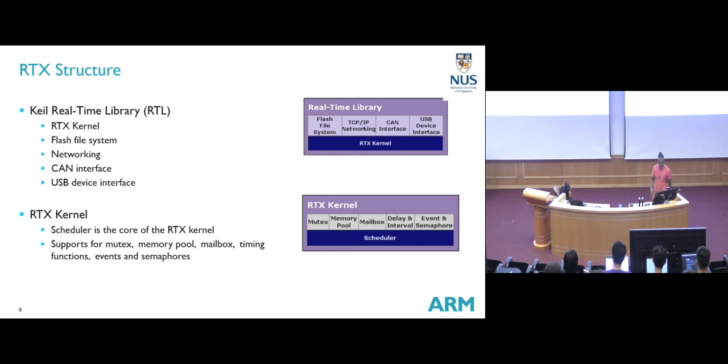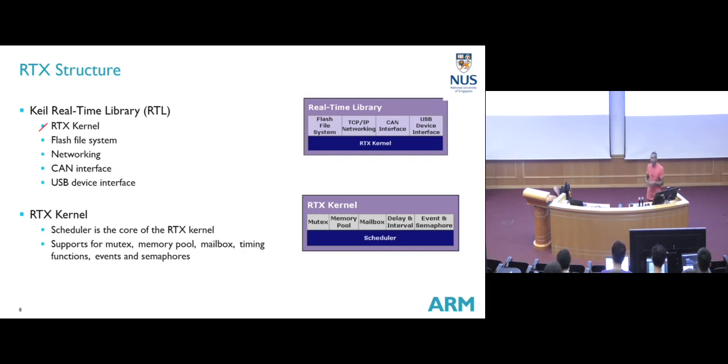And the real-time library of the Keil IDE actually provides a lot of underlying features. But when we build the project, we never include all of those libraries. We only include the basic ones. The main thing that we want is actually the RTX kernel, and everything else we learn from the RTX kernel: the mutex, the semaphore, and so on.